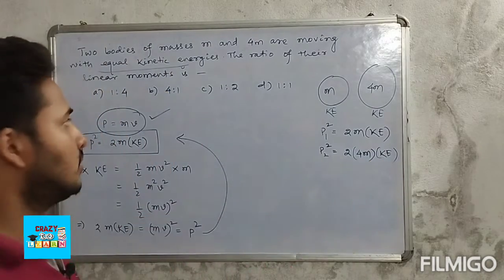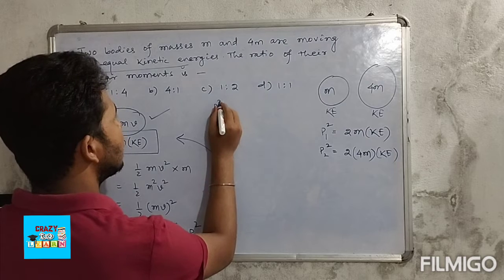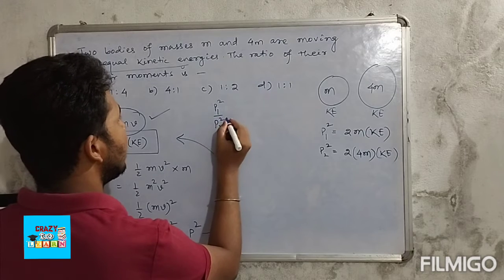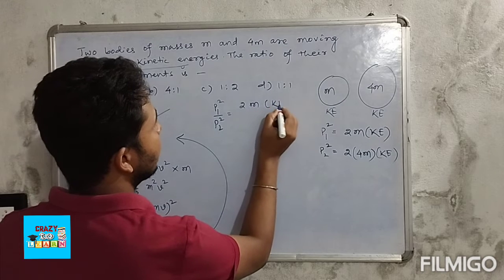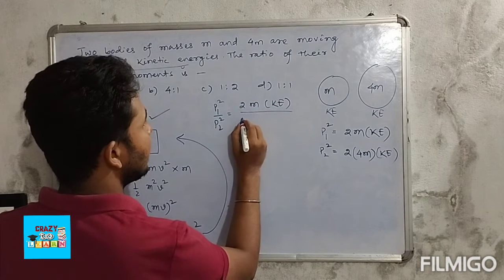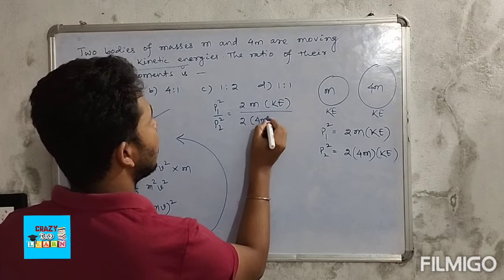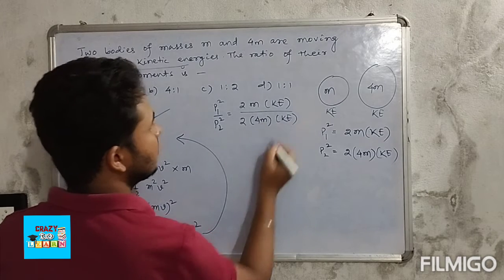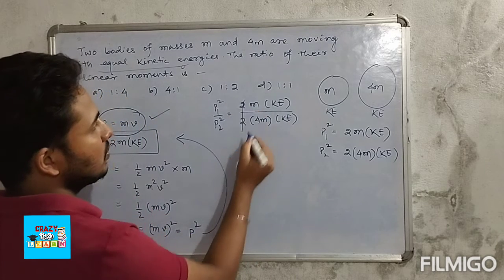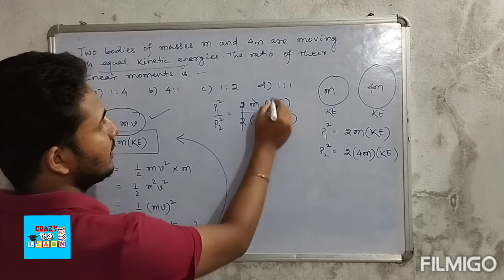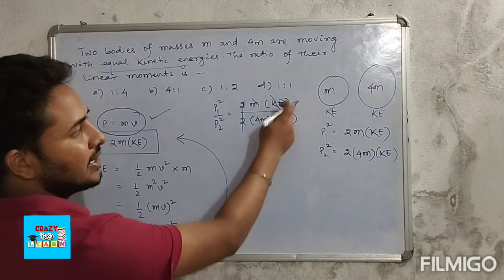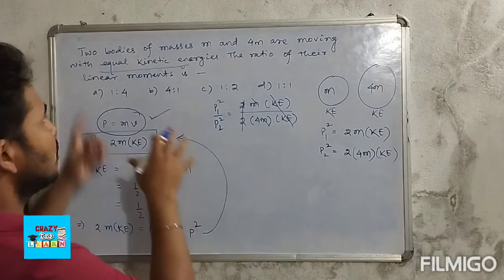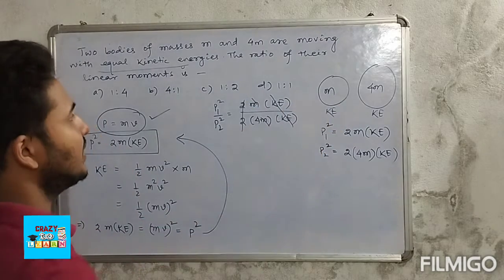The ratio means P1 squared by P2 squared is equal to 2m into kinetic energy divided by 4m into kinetic energy. Just cancel the 2m and kinetic energy. Both kinetic energies are the same, because it is given in the question that both have the same kinetic energy.